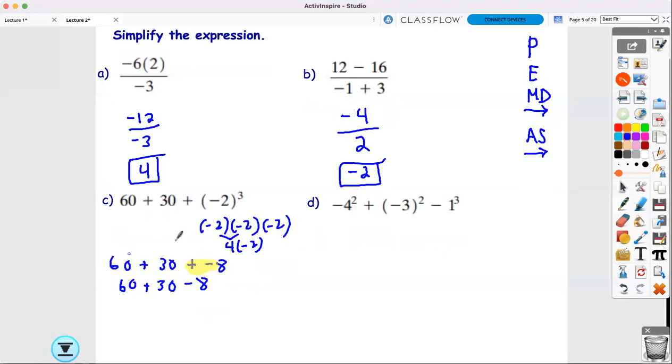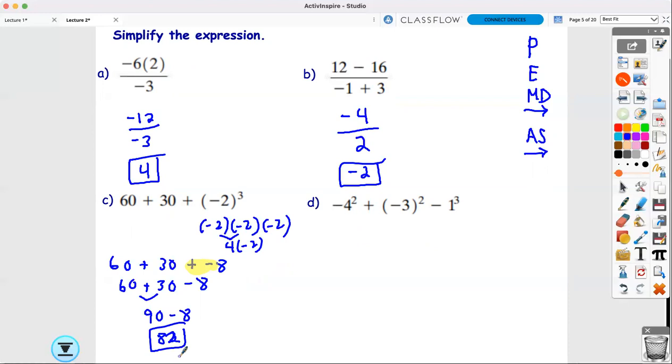So now let's go ahead and add and subtract from left to right. 60 plus 30 is 90. Minus 8 is 82. And we're done with C. Now it's very, very important that you guys remember this. Adding a negative is the same thing as subtracting, okay?